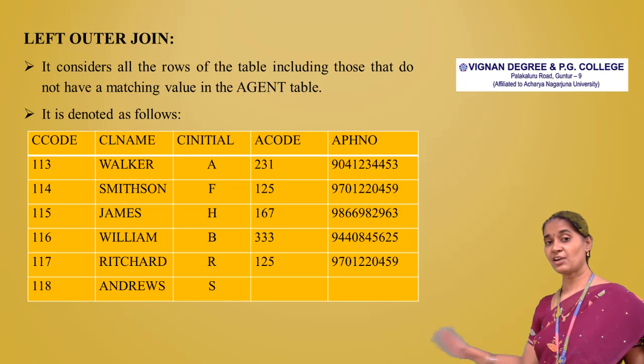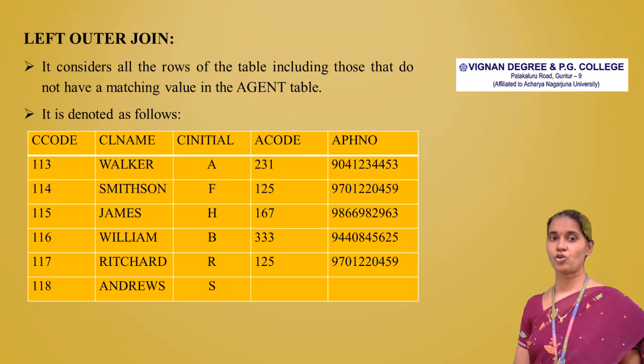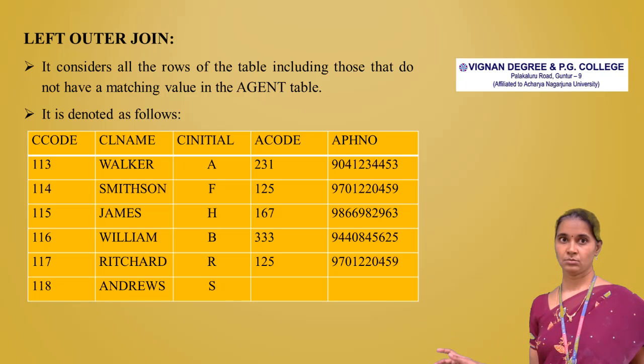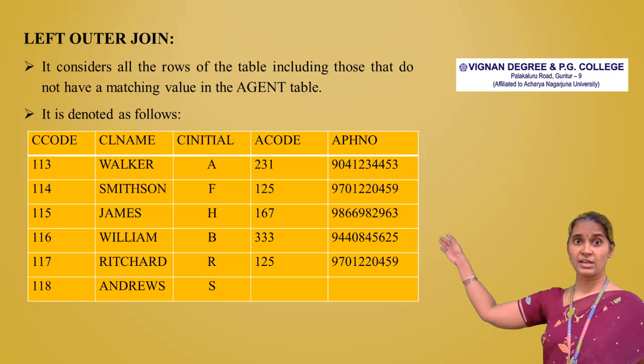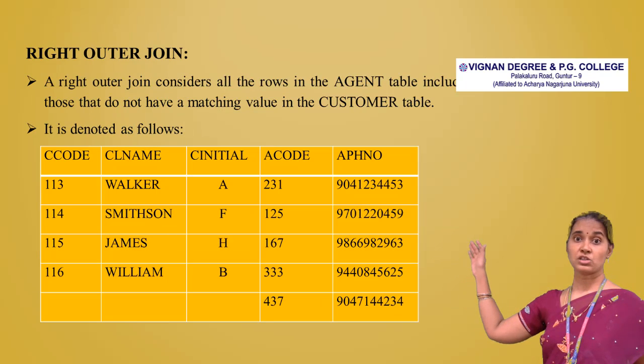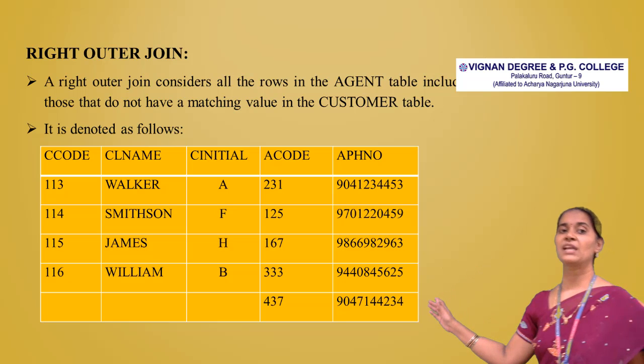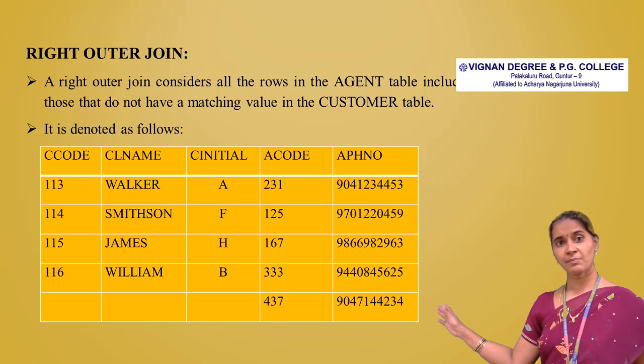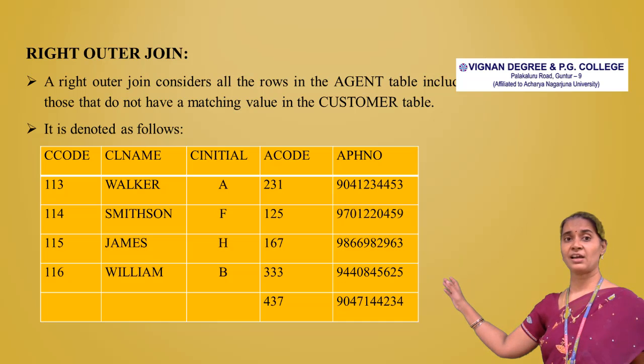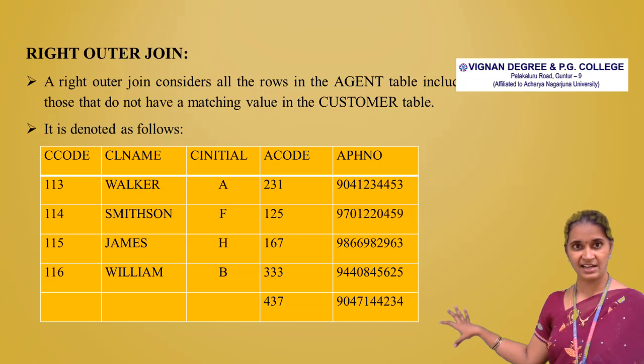In a similar way, the right outer join considers all the rows of the agent table, including those that do not have matching values with the customer table. The matching values present in the customer table and the agent table are displayed.